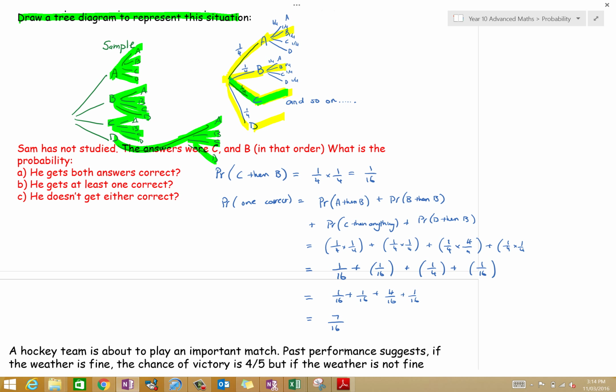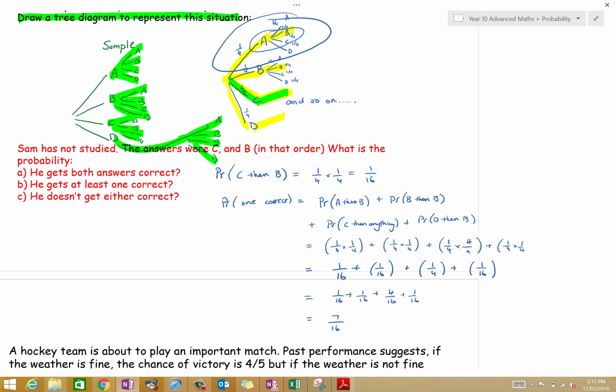Well, considering the first answer was C, meaning all of these, but not including, B was the second one, not including that one. So how many of those could he get? He doesn't get either correct. So there's 1, 2, 3, yeah?